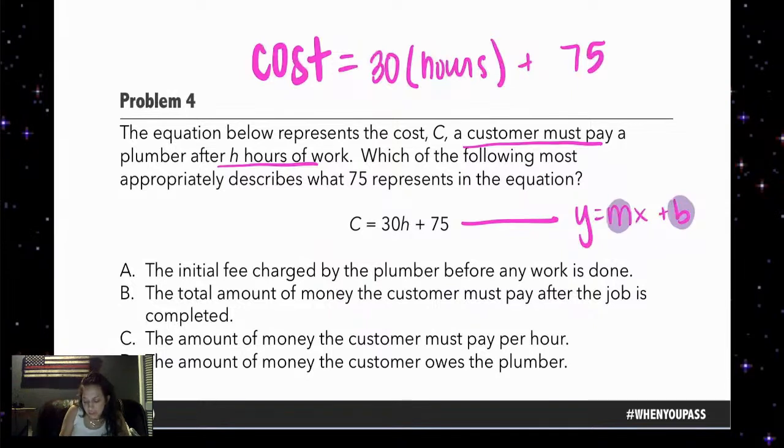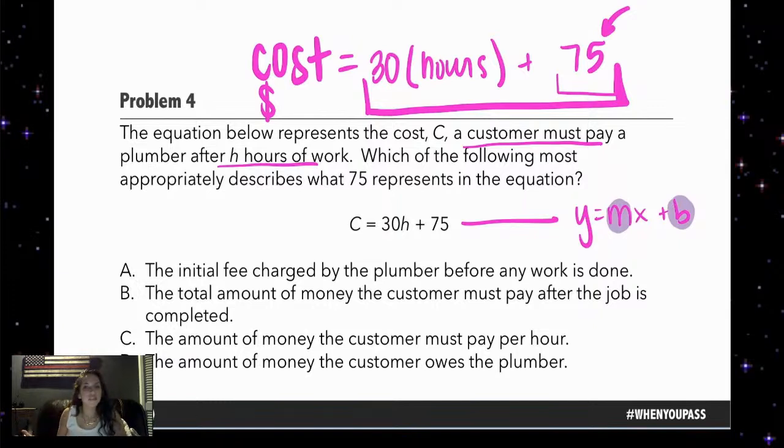So 75, excuse me, 75 has to represent a money value because this whole thing equals the amount of money, which means this has to be an amount of some sort. So when I look at A, B, C, and D, the first thing I'm going to look for is something like hours, because that's not going to make sense.